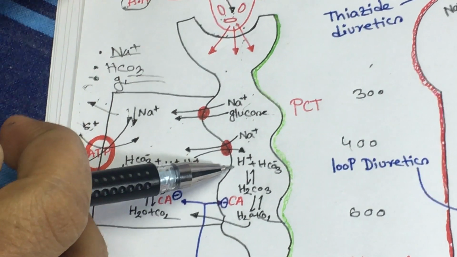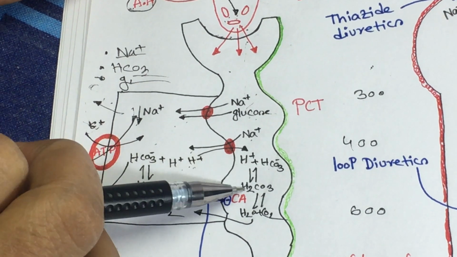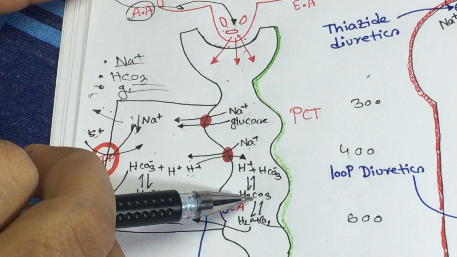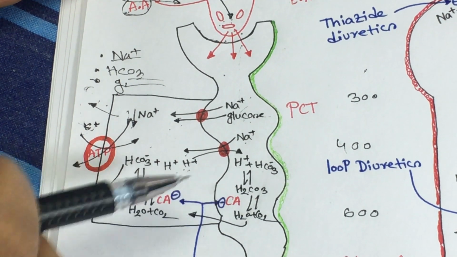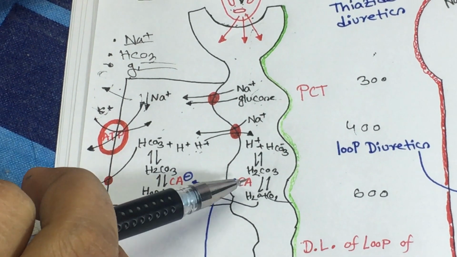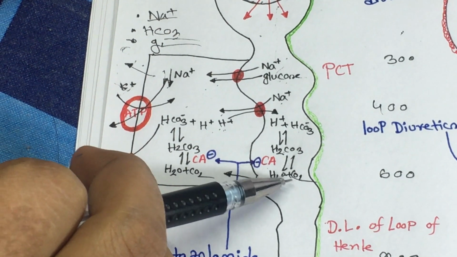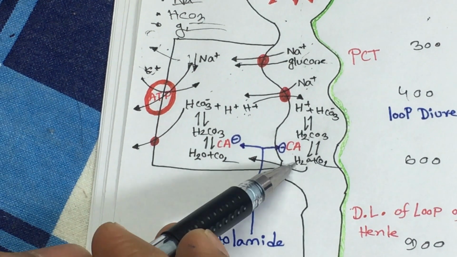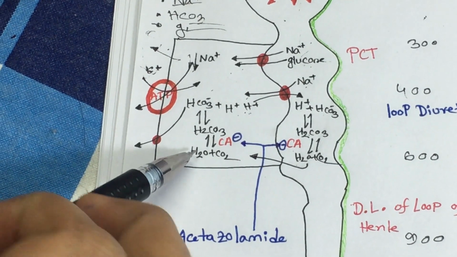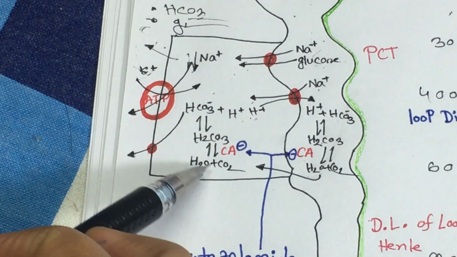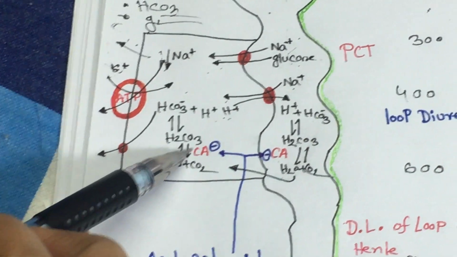This proton and bicarbonate will join and make carbonic acid. After that, in presence of carbonic anhydrase, it will make water and carbon dioxide, and it will come inside of the cell, and inside of the cell you also have carbonic anhydrase.